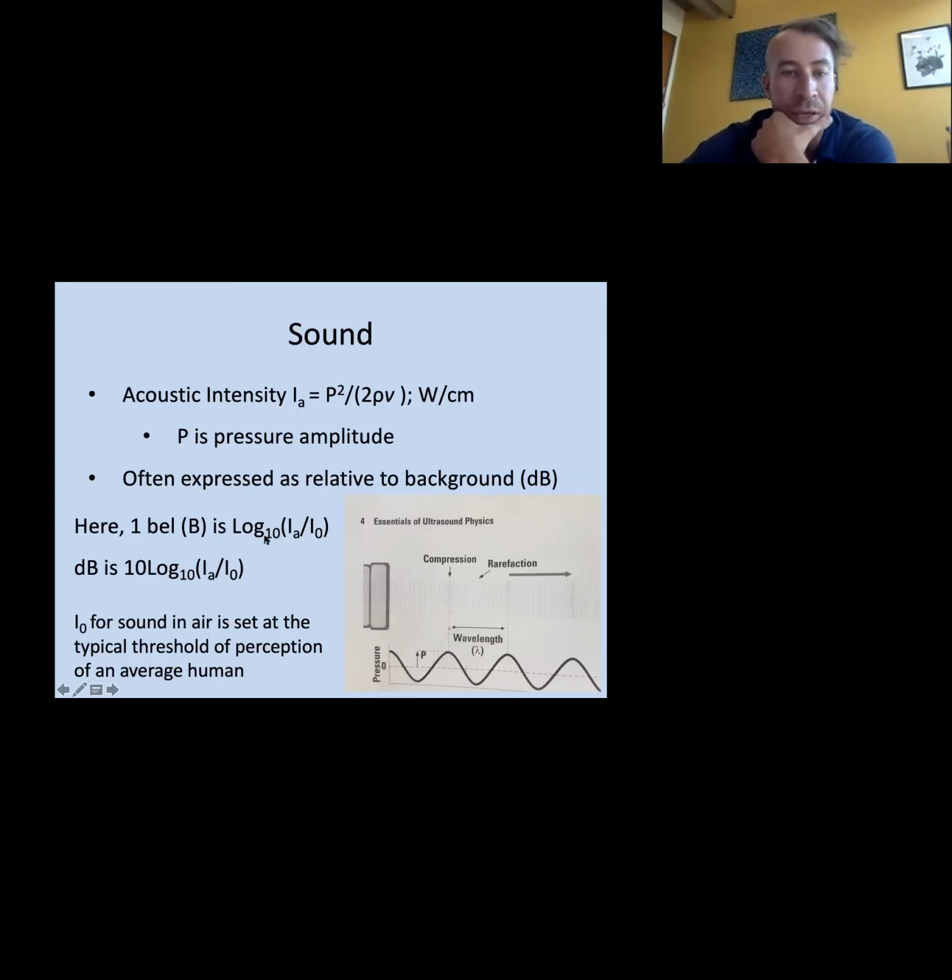So it's a base 10 log of this ratio, the acoustic intensity of interest over the acoustic intensity of the threshold detection of a human ear. So what's a decibel? Well, that's simply this term multiplied by 10. It makes it a usable number, I guess, is the reason why the community has done this.